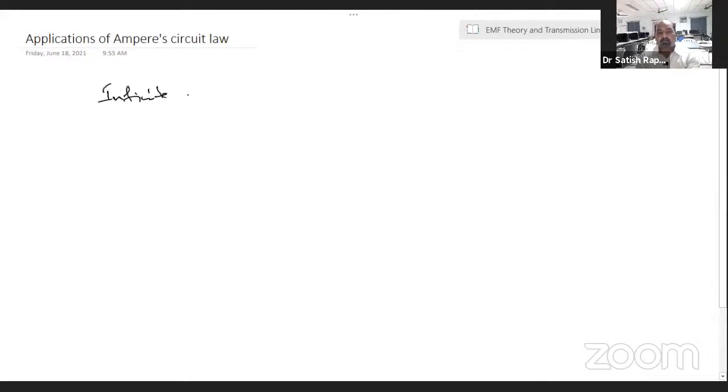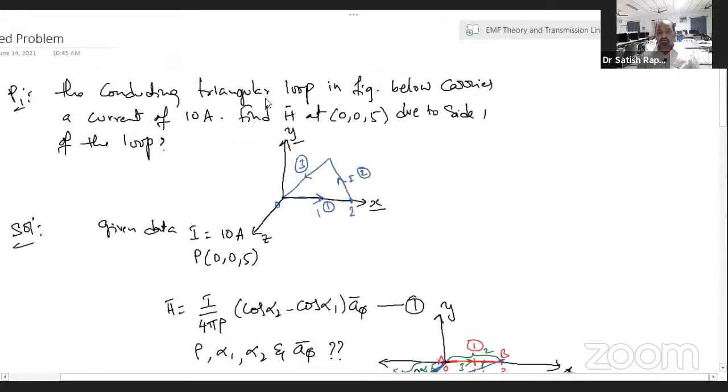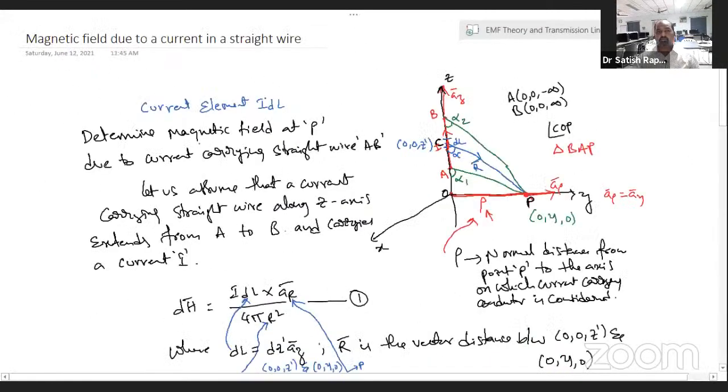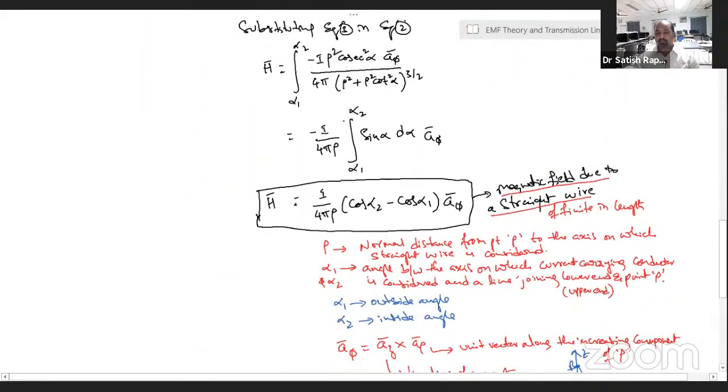Infinite line current. That means magnetic field due to infinite line current. Earlier we have seen, let me go back, magnetic field due to a straight wire.